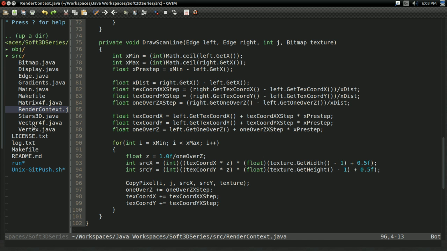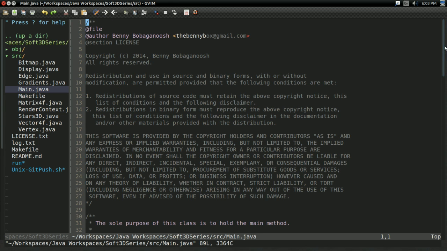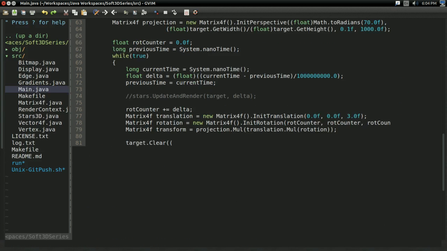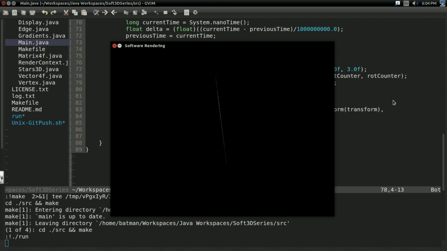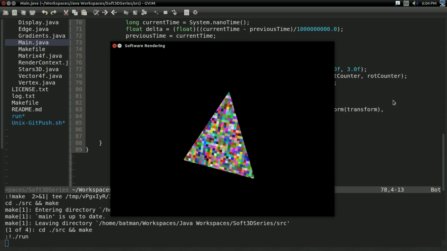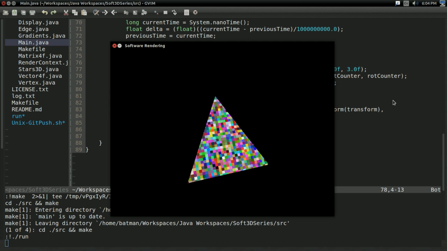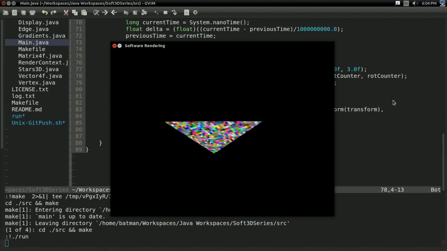But if I go to Main, and do a different rotation, one that doesn't keep those perfectly aligned with everything, like, let's just rotate around every axis at once in Euler angles. So if I do that, build and run. There you go. Now you get to see the triangle completely flat and looks nice. So there you go. Now you really do get to experience perspective correct texture mapping in its full glory.